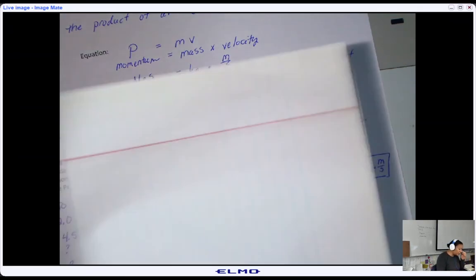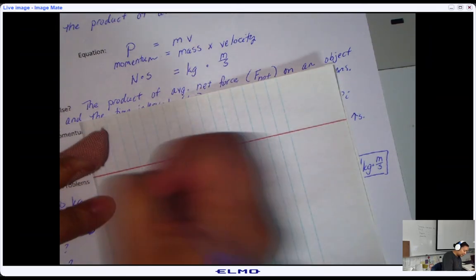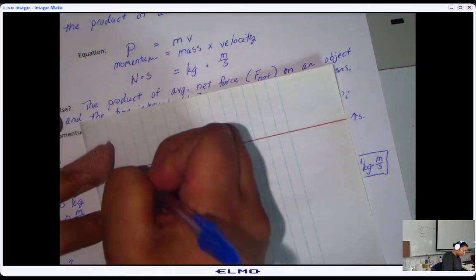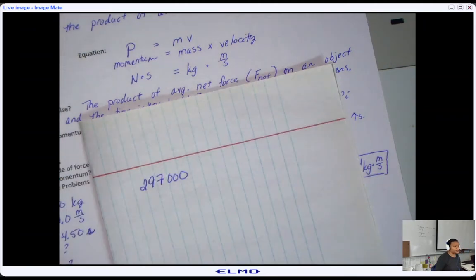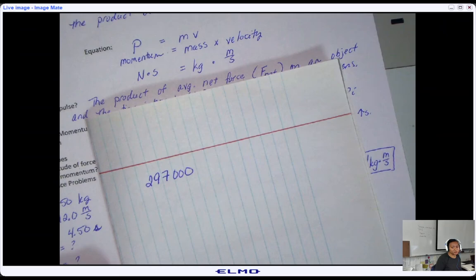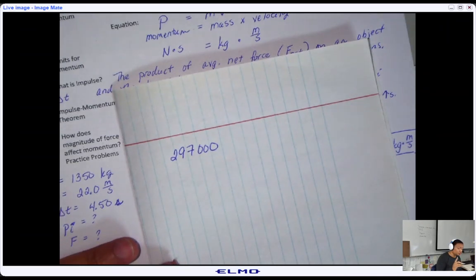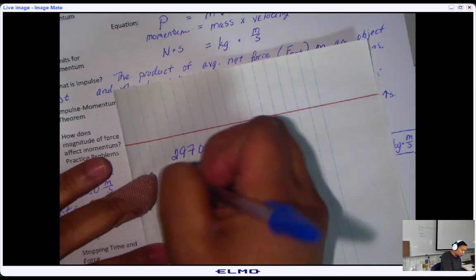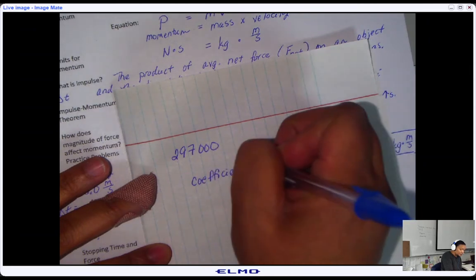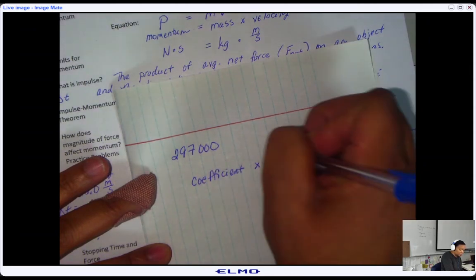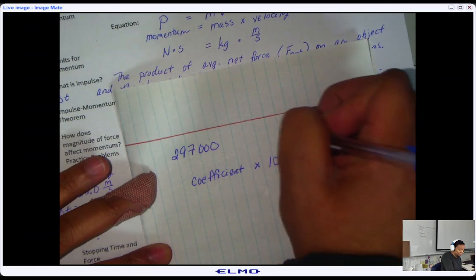When you're looking at a standard number, let's say it's 297,000, and you are to write this in scientific notation, the way this works is you are going to have a coefficient, which is the number that goes out in front, times 10 to your exponent, okay?